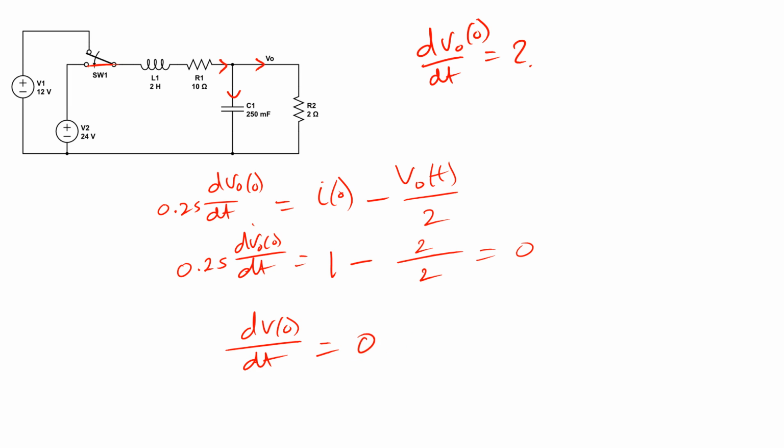And that makes sense because we have the capacitor here across it, which means the voltage does not change instantaneously. So the differential of the voltage there is 0. So now I could write my equation, which is 0 is equal to minus 3 K1 minus 4 K2. And I have two equations now for K1 and K2.